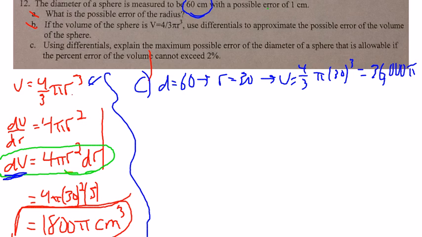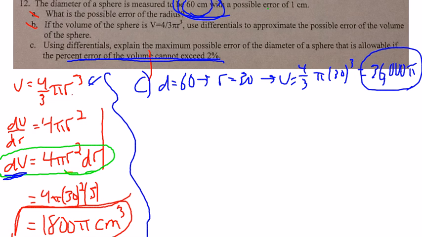I need to take 2% of this number because I don't want my error to exceed more than 2%. So I found the volume of this, and then I'm going to find 2% of that so that it doesn't go up or down by that much.